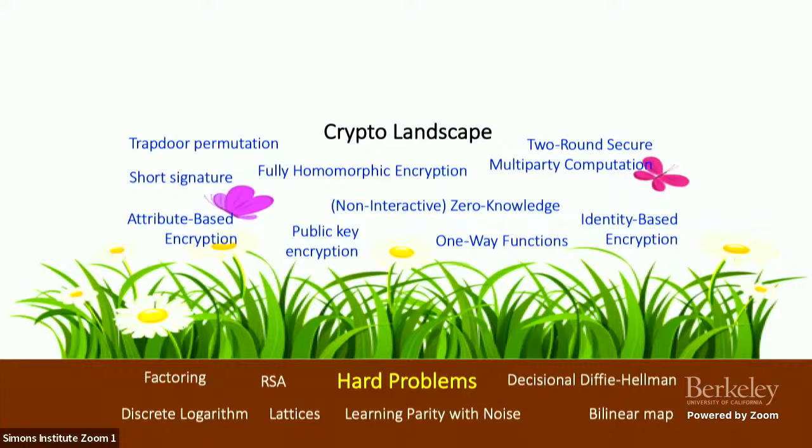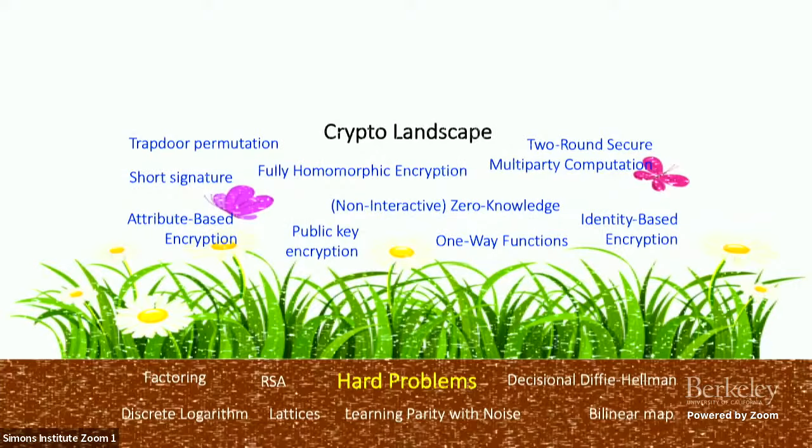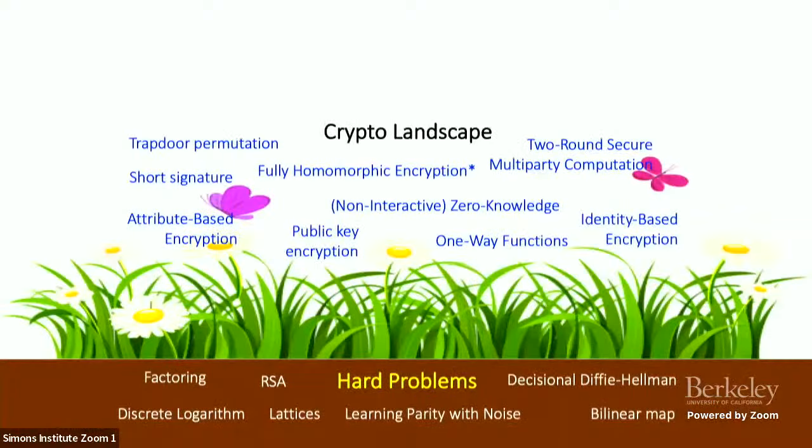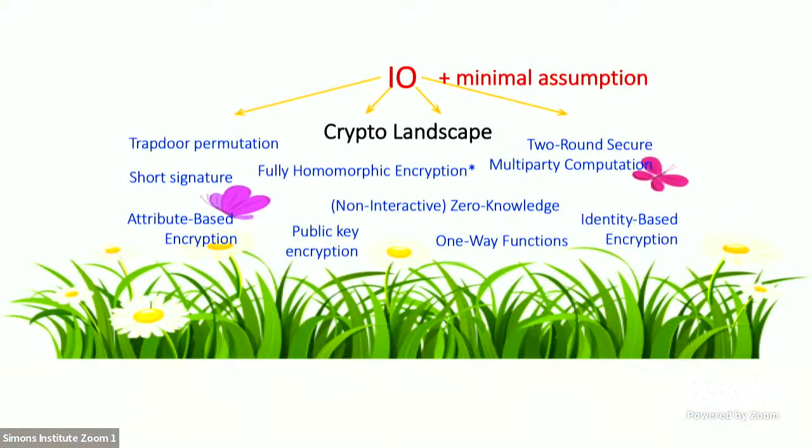On the other hand, identity-based encryption, we can build from a variety of hard problems, including factoring, lattices, and computational Diffie-Hellman. If we have IO, then suddenly we can build almost all known crypto goals without any other hard problem anymore. In other words, IO can be viewed as really a universal tool for building cryptography.